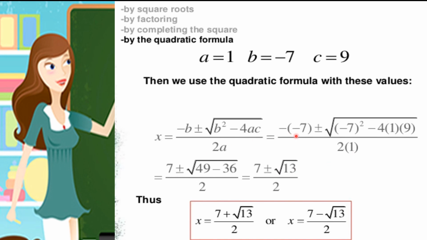So, -1 times -7 is +7, plus minus square root of 49 minus 36 over 2 is equal to 7 plus minus square root of 13 over 2. So, in this case, class, plus minus, paghihiwalayin lang natin isang plus at isang minus, and this is the value of x.